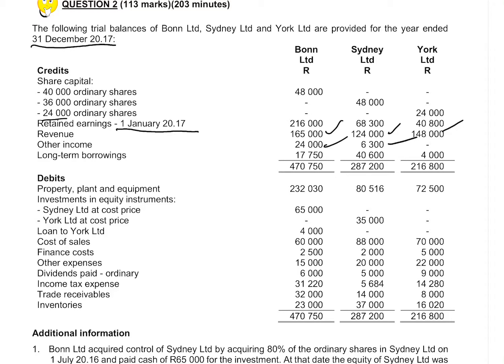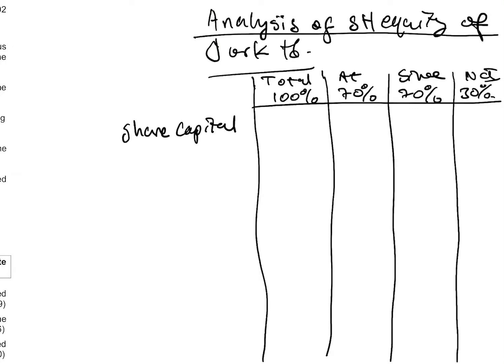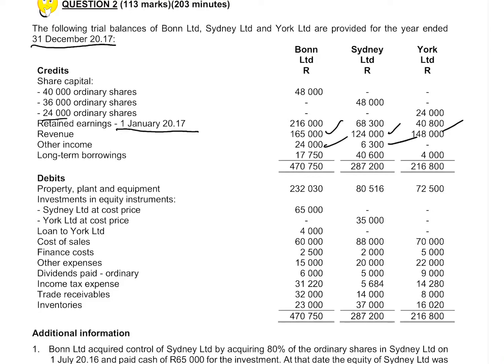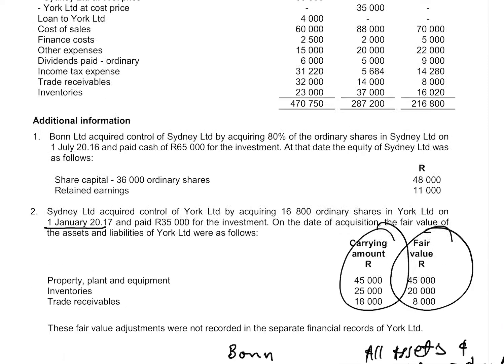So it is given. So our retained earnings were 40,800. Are we together? So let me write there. This is at acquisition. Right, 40,800. Then you come to your retained earnings. How much were the retained earnings on that particular date?